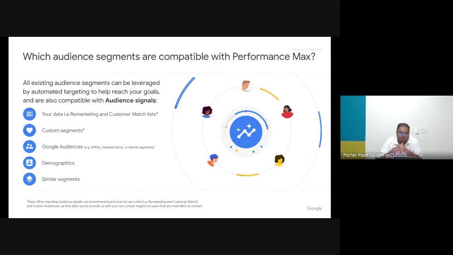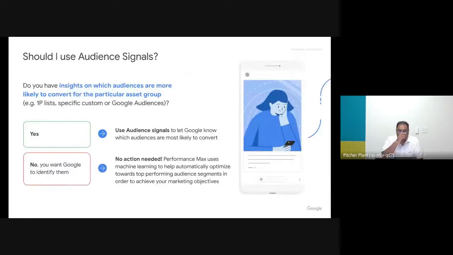Again, all of these are used as signals in Performance Max, and so like I said, they might be serving outside these audience segments. Now, I guess the question is, should you use audience signals? Well, it's completely optional. So if you do have insight on which audiences are performing or converting really well for you, then adding them ahead of a campaign, or in situations when the campaign's not performing as well, will allow the system to understand how we can drive performance quickly.